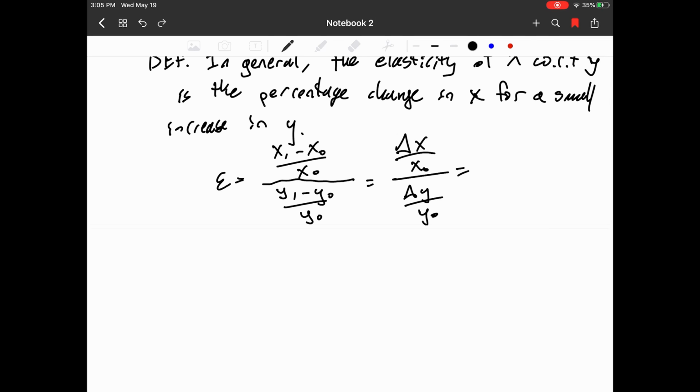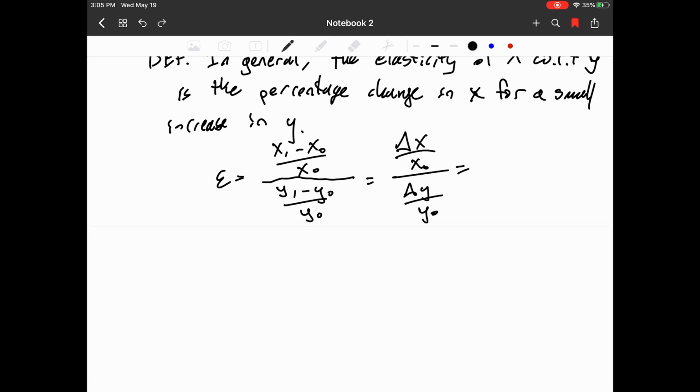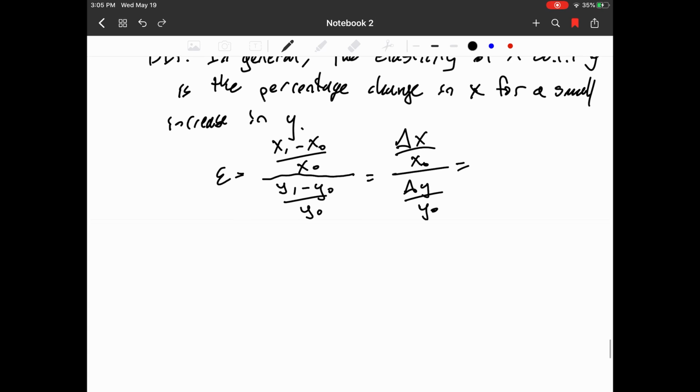And because we have our notions of calculus in this class, you can see this is equivalent to a derivative. We're looking at the change in x as y changes, and then we just look at the ratio. You can do some rearranging if you'd like to show that this is true, but we have dx/dy, and then we have y over x.